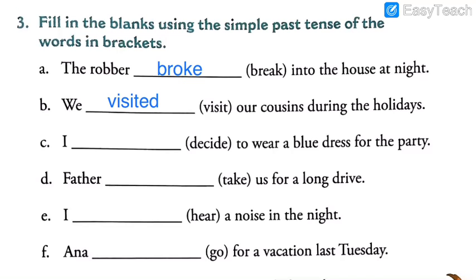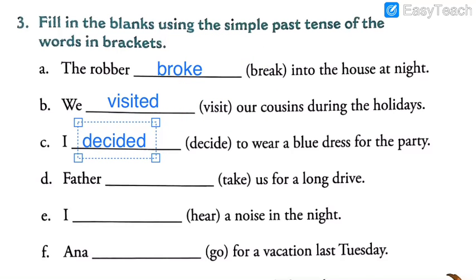Now, question C. I dashed to wear a blue dress for the party. Option is decide. Now, how will you make the past form of the verb decide? So, decide will become decided.